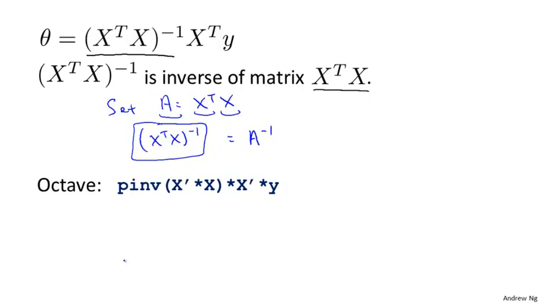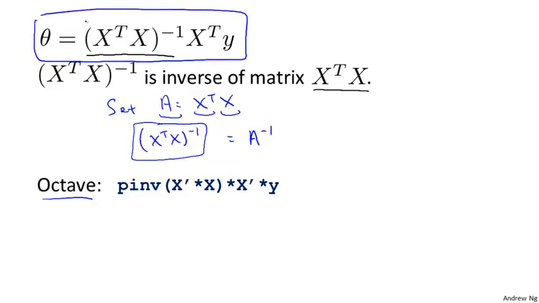We haven't yet talked about Octave. We'll do so in a later set of videos, but in the Octave programming language, or similarly in the MATLAB programming language, the command to compute this quantity, x transpose x inverse times x transpose y, is as follows.